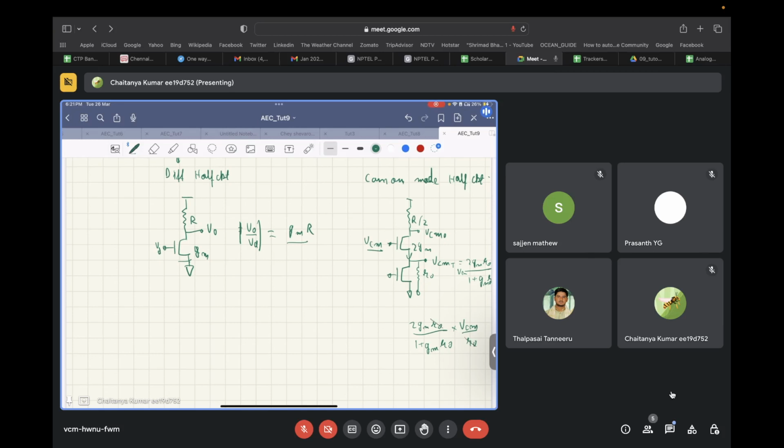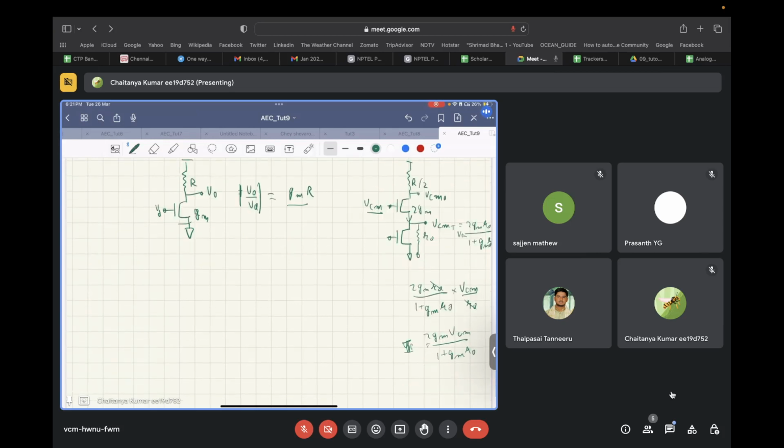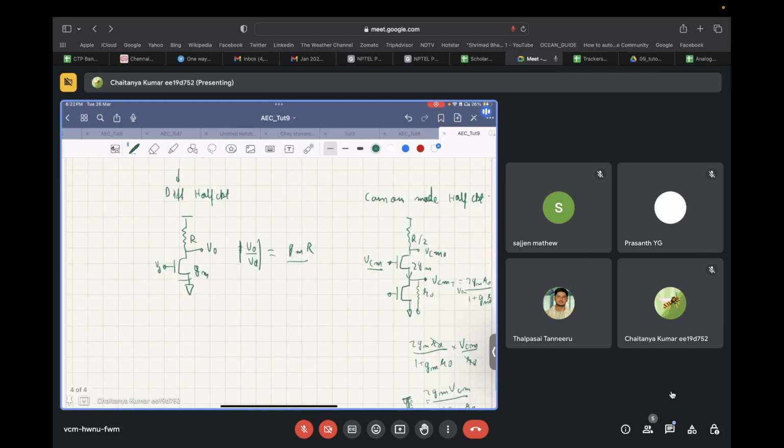This can be cancelled, and we finally get 2 GM VCM divided by 1 plus GM R naught. This is the current we are trying to find, and it can roughly be called 2 VCM by R naught.